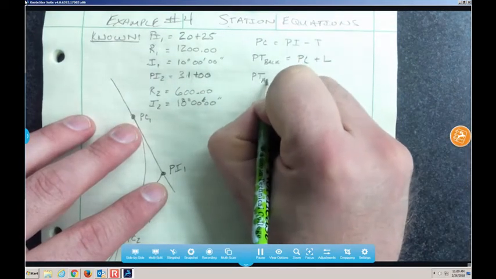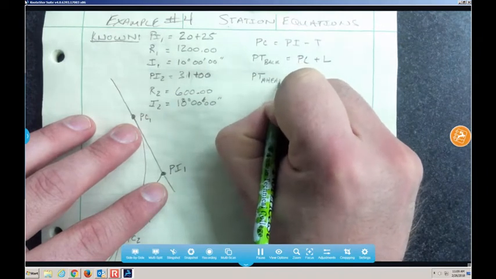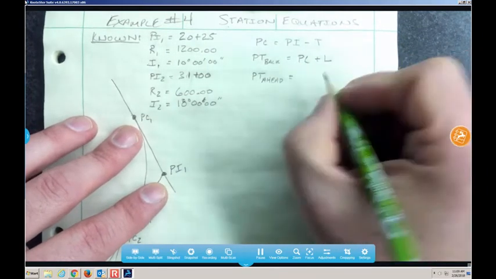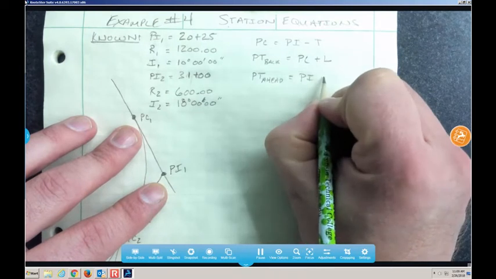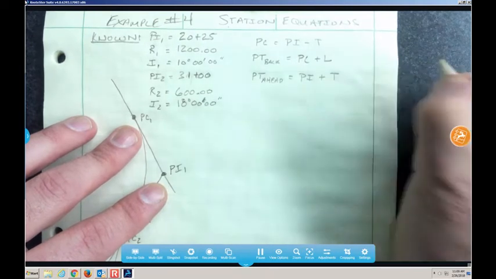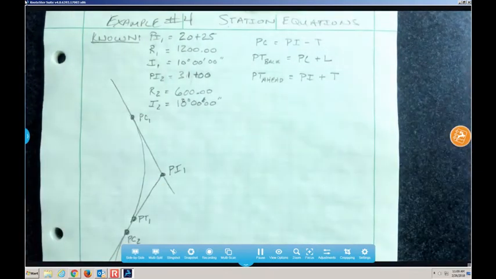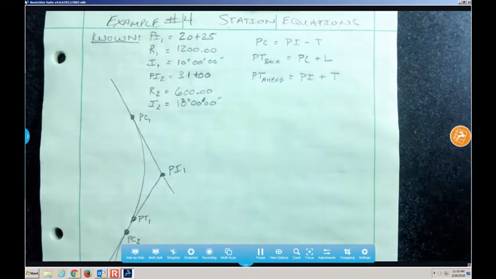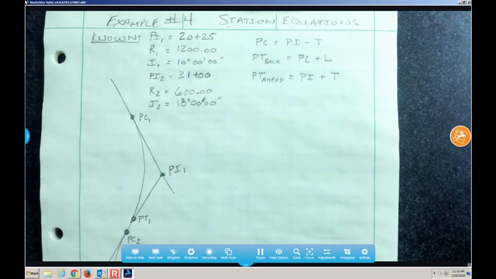PT ahead equals the PI plus the tangent. PI station plus the tangent is the PT ahead. You'll see why we do this in a second. Okay?